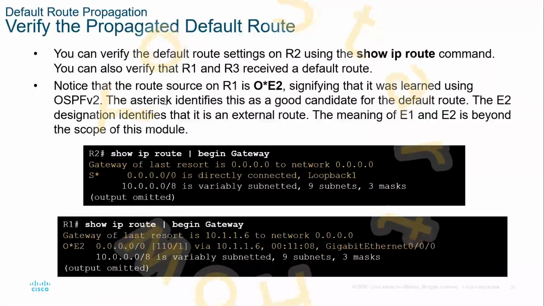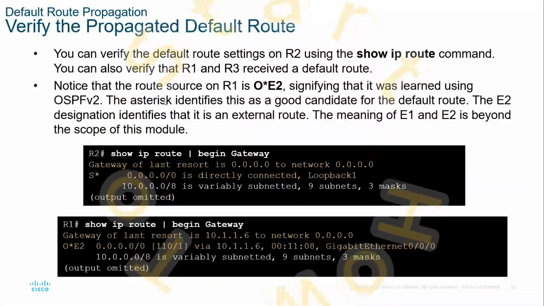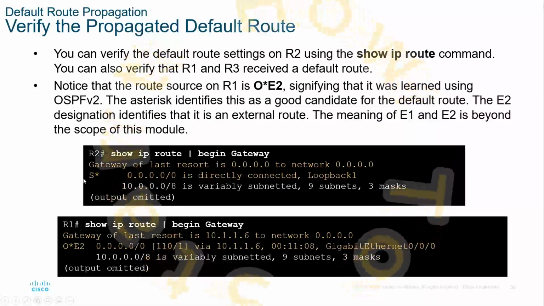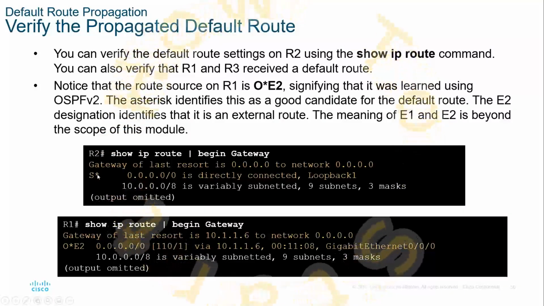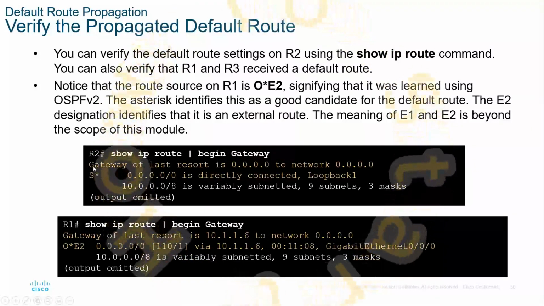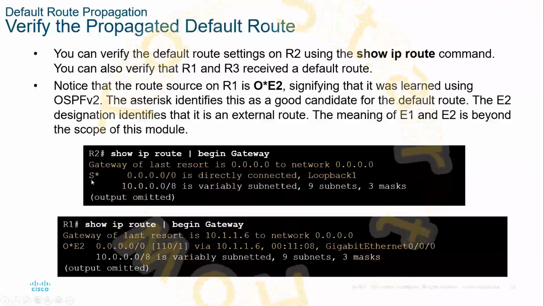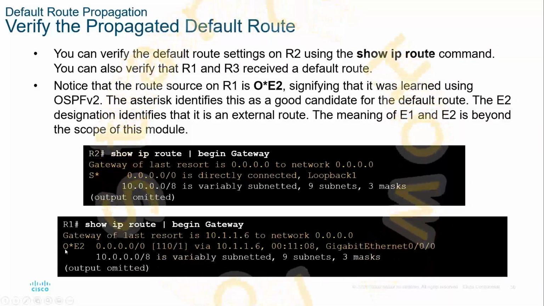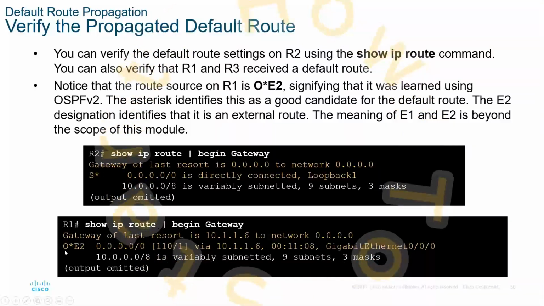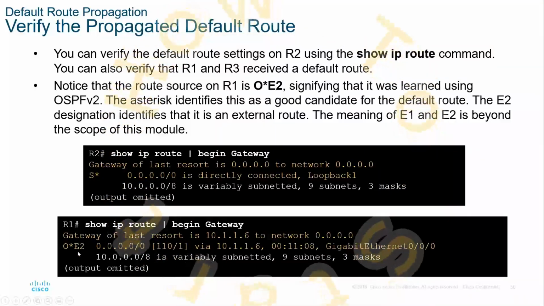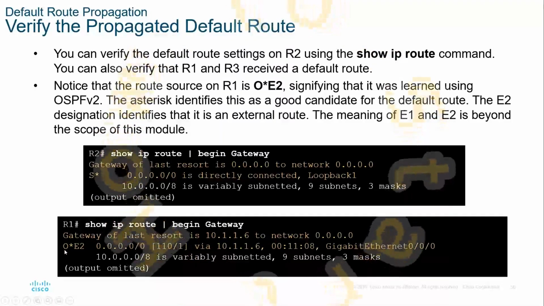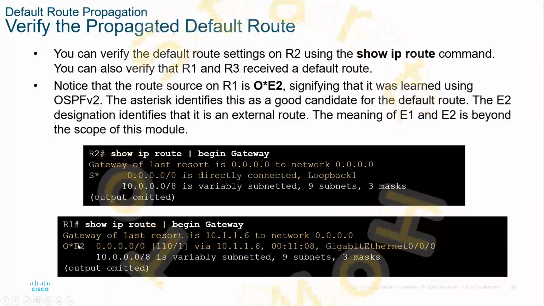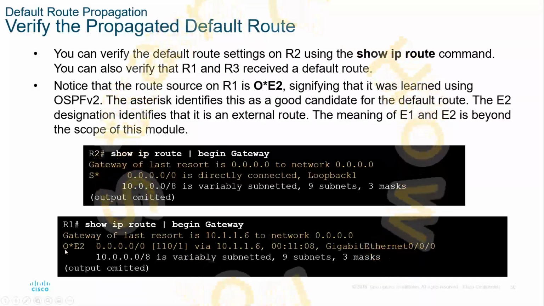So how do we verify the propagation? You should see on R2 a static star. Star denotes a default route. S denotes a static route. Here we have an OSPF learned E2. And this is just a clever way of saying that this is an OSPF learned static route that's a default route and how to send it.